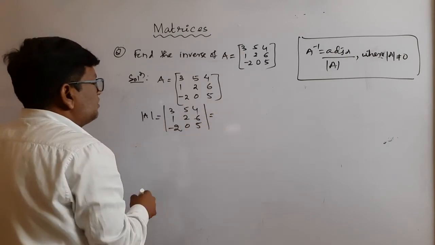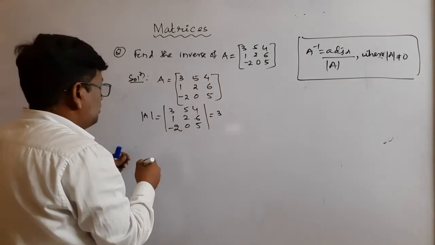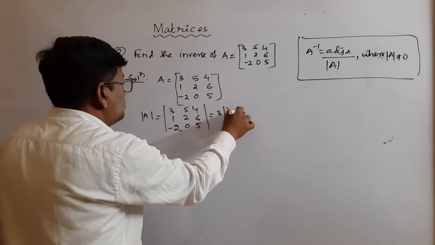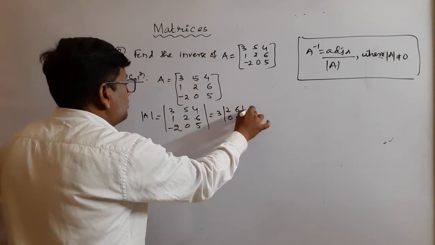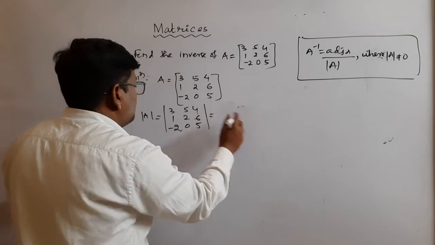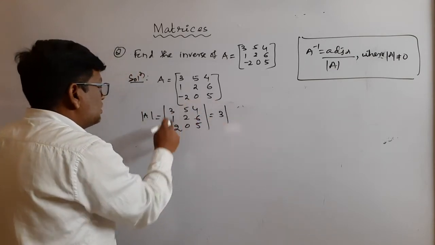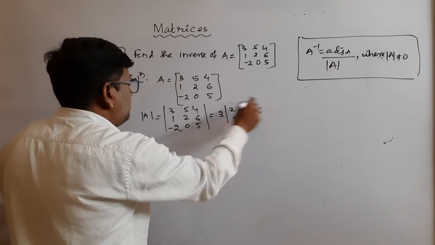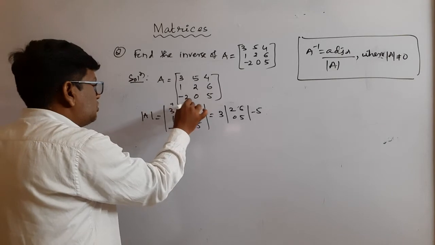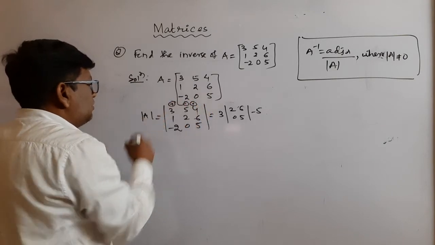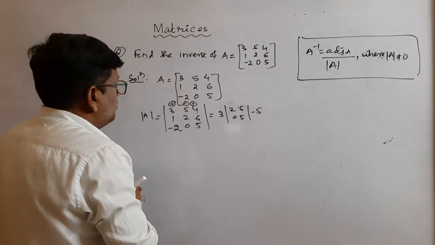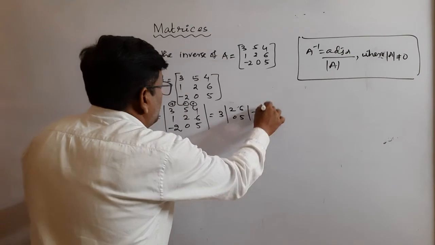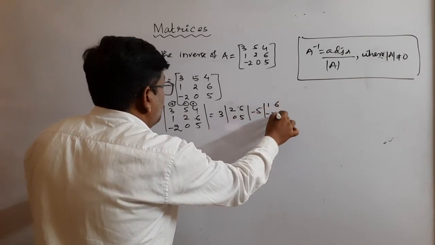So expand this: 3 into, this row and column cancel, so 2 6 0 5. Then minus 5 into, the sign pattern is plus minus plus, so minus 5 into the first row second column, 1 6 minus 2 5.